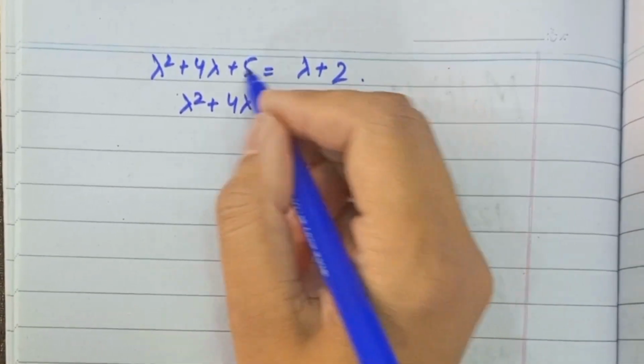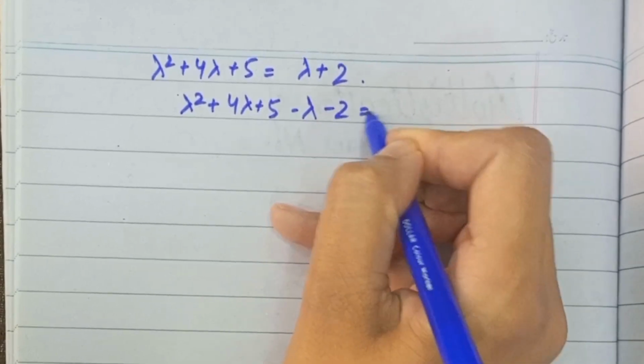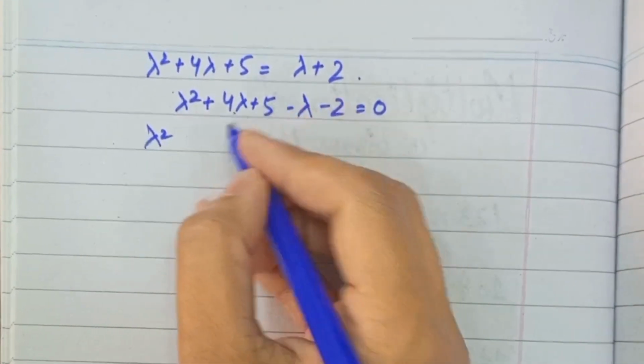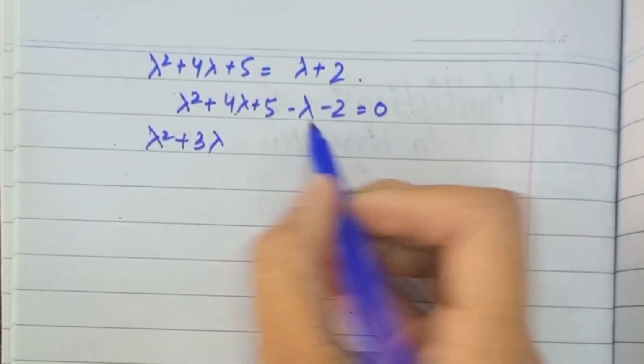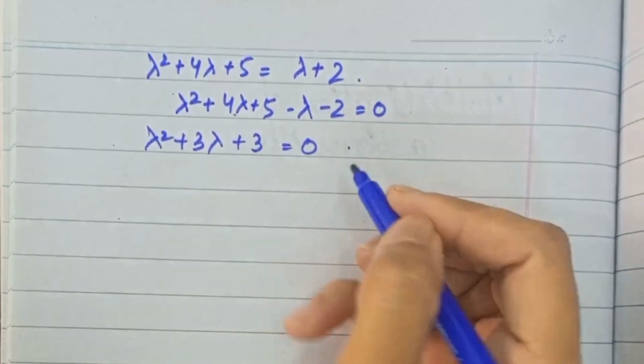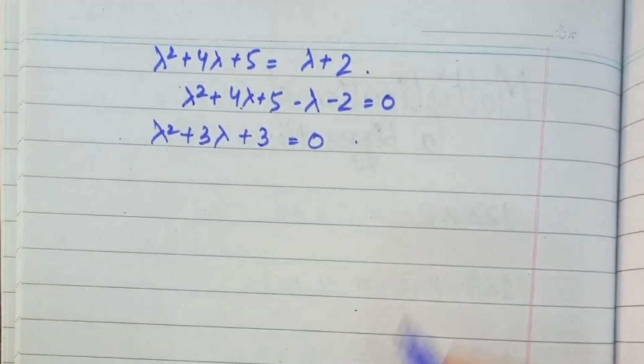Shift these two to this side. 4λ − λ is 3λ, 5 − 2 is 3. So this will be like that.